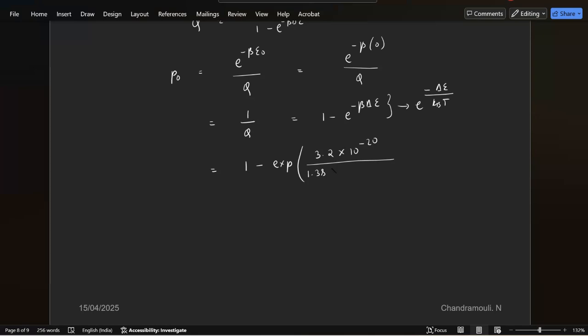That's what I'm doing here, with Boltzmann constant 1.38 × 10^-23 into 300. So let's calculate this value now.